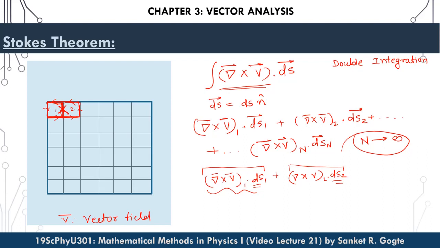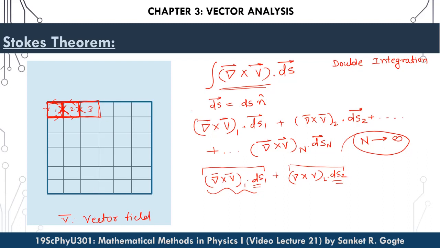In this way, when you consider this third area element, the line integration over this line which is shared by these two areas will get cancelled because they will be equal in magnitude and opposite in direction, and therefore you will get line integration over this larger area which combines ds1, ds2 and ds3.